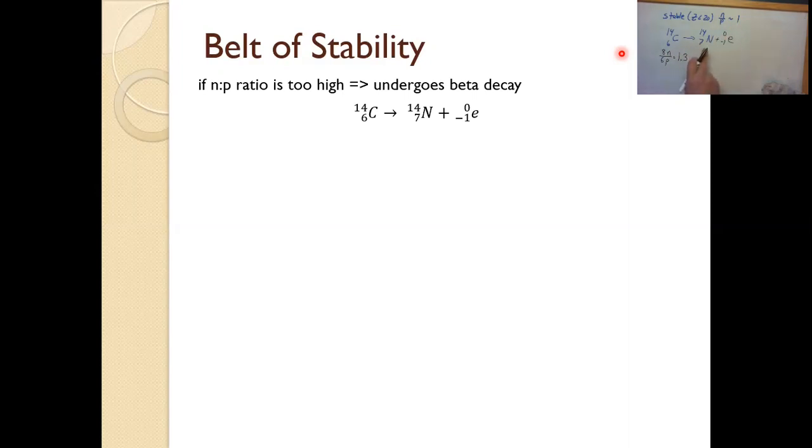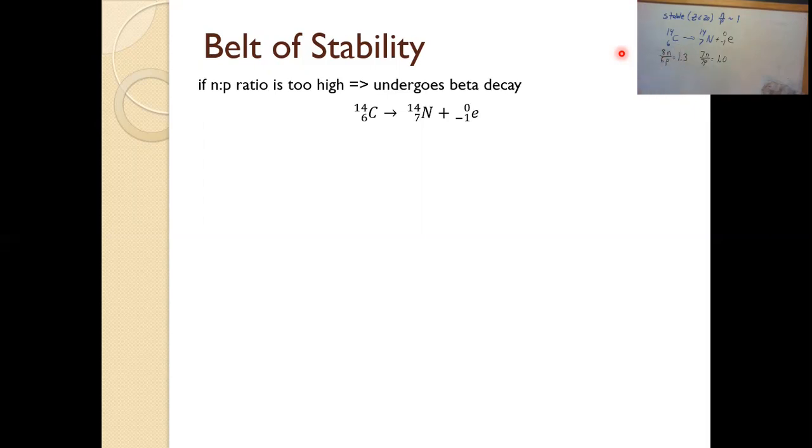Whereas nitrogen-14 has 7 neutrons and 7 protons for a neutron-proton ratio of exactly 1.0. And for these light elements, we'd expect that to be a much more stable ratio than carbon-14 with its 1.3 ratio.